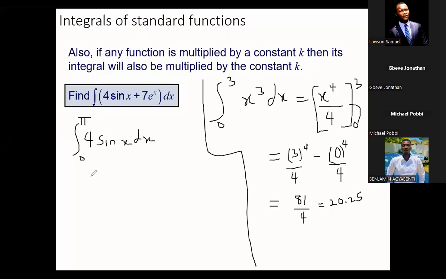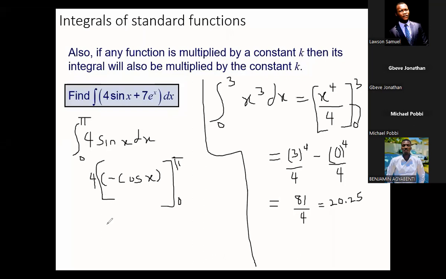So this is going to give us 4. When we integrate sine, we'll get what? Negative cos. So we get minus cos of x. But take note, we are going to substitute the limits of integration, so from 0 to pi.